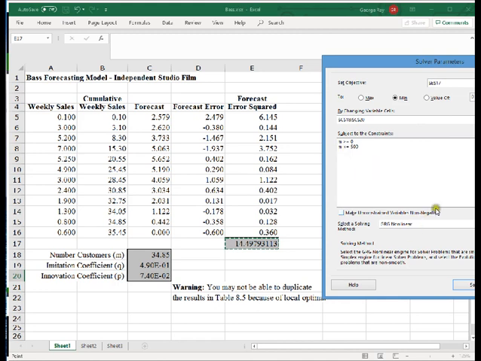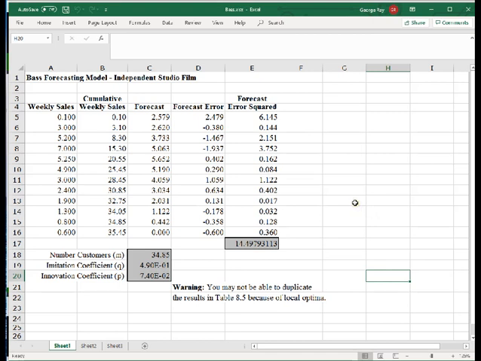We're going to use the GRG, and we cannot have a negative number of customers, and we can't go over 500 million customers. That might be a limit to this type of movie, for example. So that's how we would set up something like this, a very complex product forecasting model that's nonlinear.